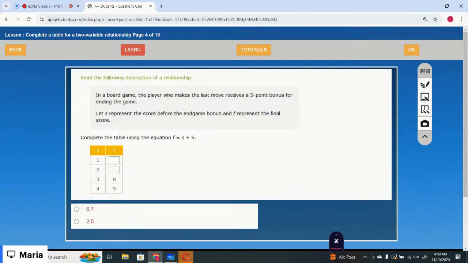Complete the table using the equation f equals s plus 5. So which is the correct option?